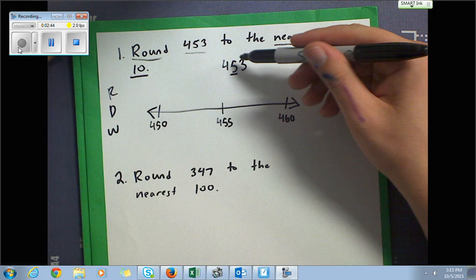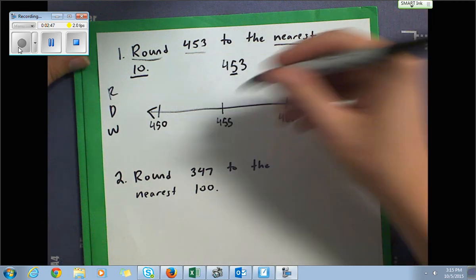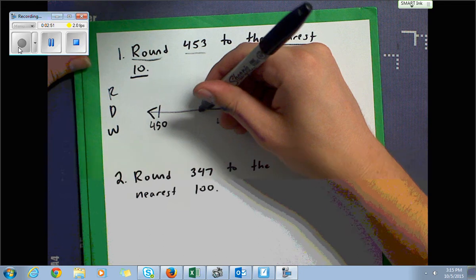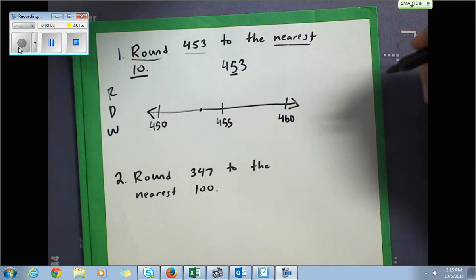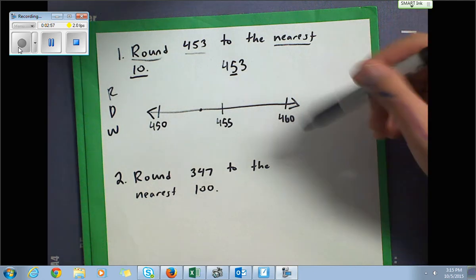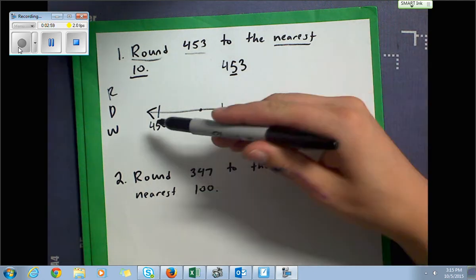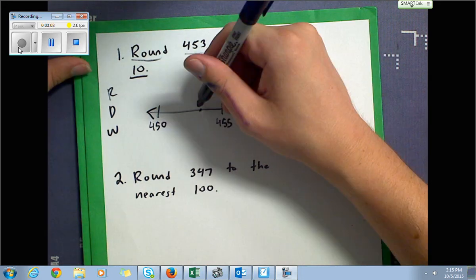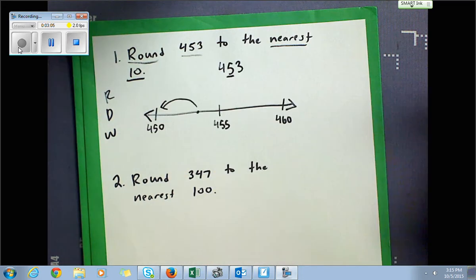Finally, I'm going to take my number and place it on the number line. So 453 would be right about here, a little bit before 455. Now to round, I just look at it and say, okay, is it closer to 460 or is it closer to 450? Since it's on the left-hand side of this midpoint here, I'm going to round my number down to 450.